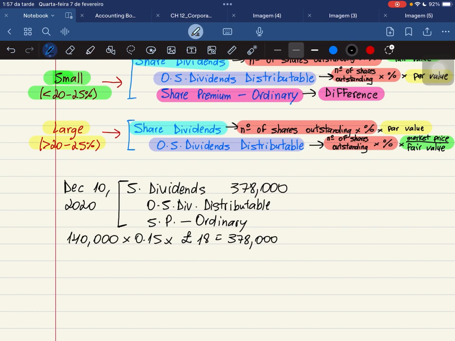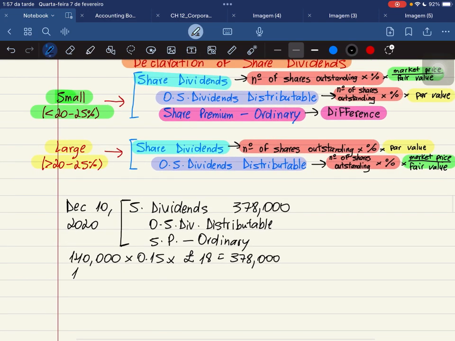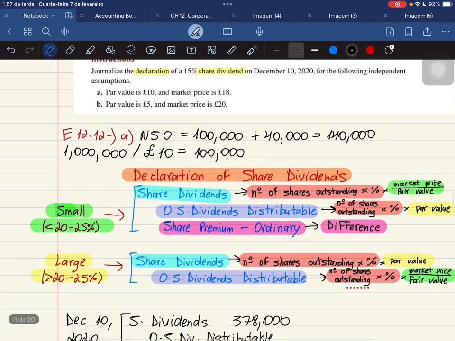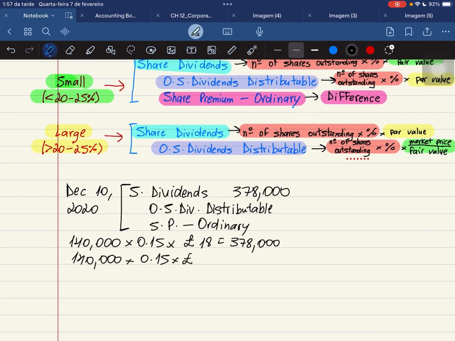Ordinary share dividends distributable is going to be, again, number of shares outstanding, rate, and in this case, the par value. For letter A, that is 10 pounds. How much is that?